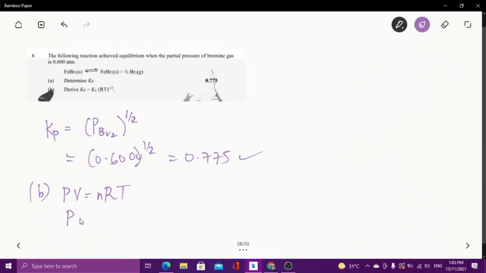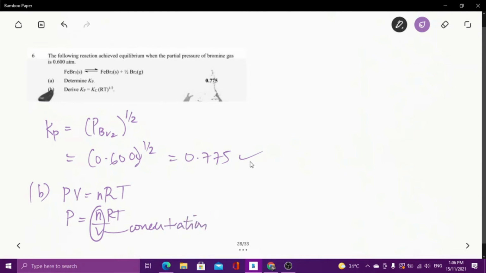So pressure kita nak change the others kaitkan dengan concentration. So kita akan dapat nRT over V ataupun yang ini kita fokus n over V. Here adalah kita punya concentration.